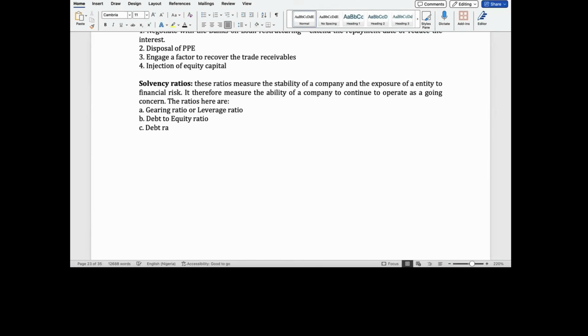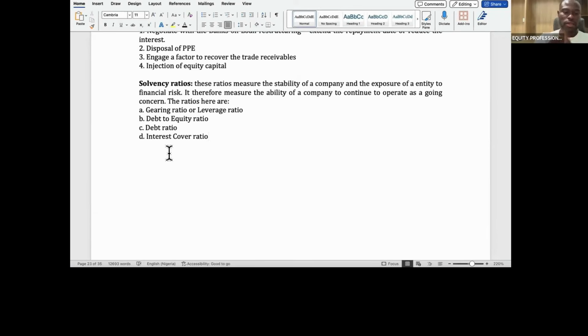We have the debt ratio in itself. We have the interest cover ratio. I'm sure you guys are still there. I'm still here hanging on.